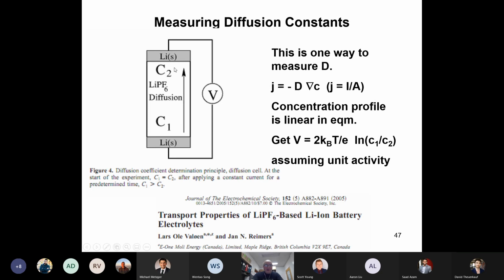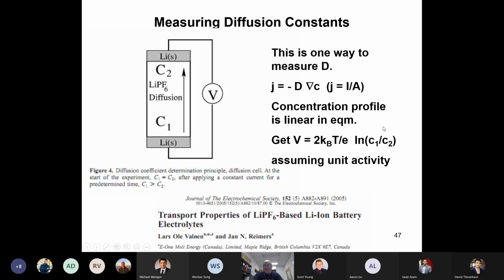But when you run a current, the voltage of the cell is not 0 anymore because there's a concentration gradient in the electrolyte. And the voltage difference that you get is related to the concentration at the surface of electrode 1 and the concentration of the electrolyte at electrode 2 by the Nernst equation.